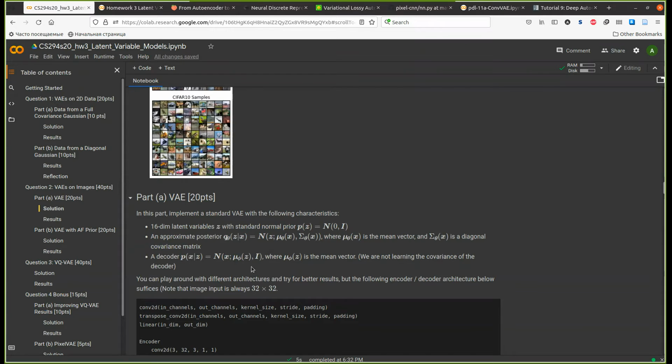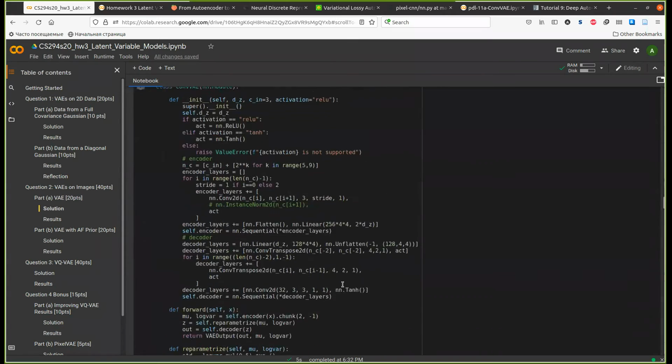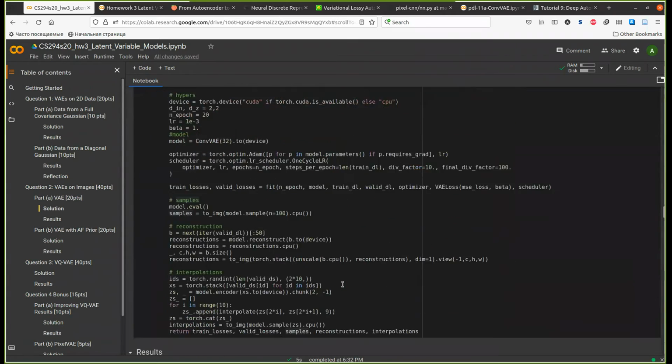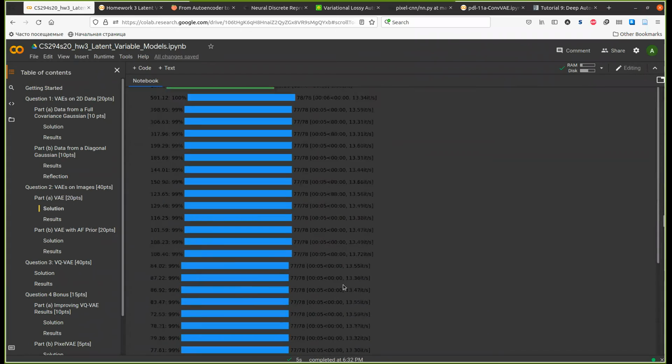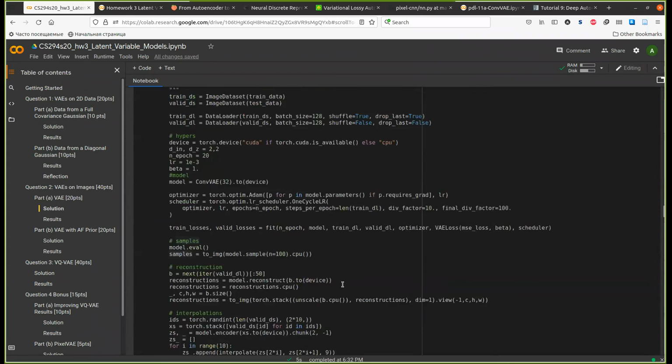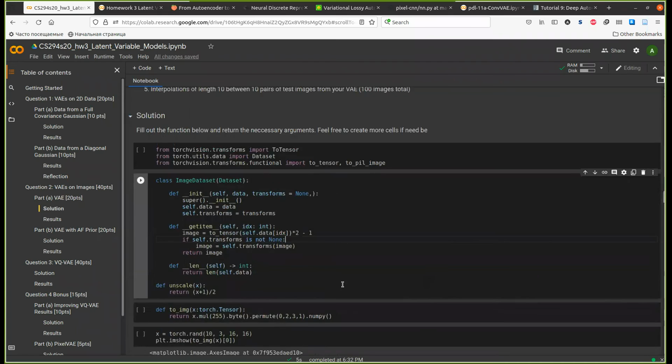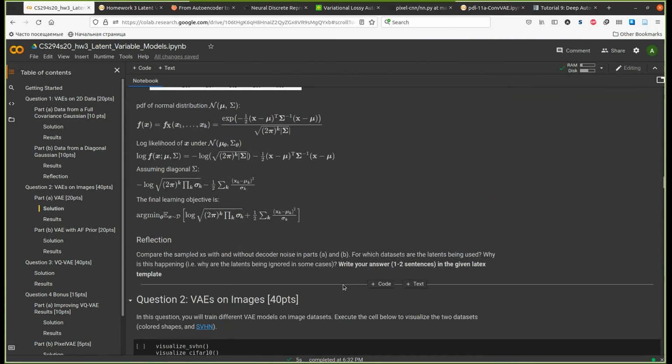When we have a constant standard deviation and we are trying to learn only the mean, that is the relation between these two things. Okay, let me just run it all.